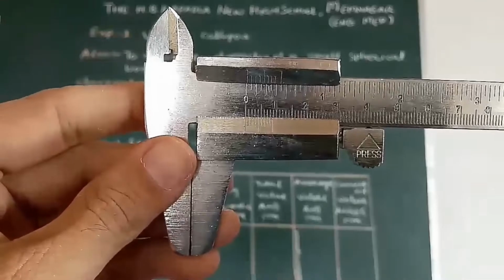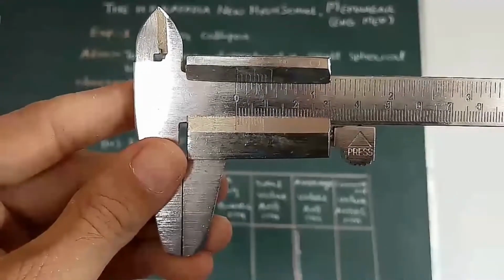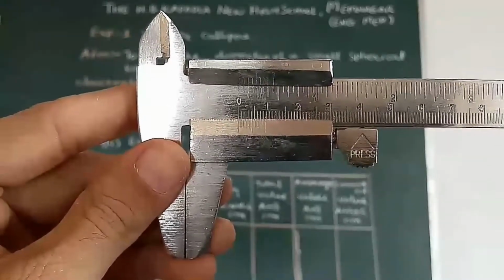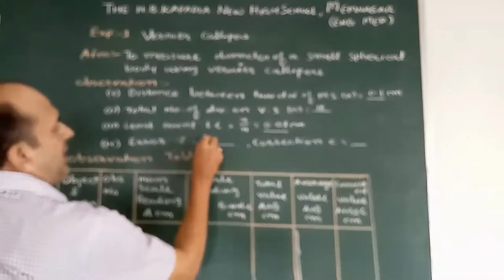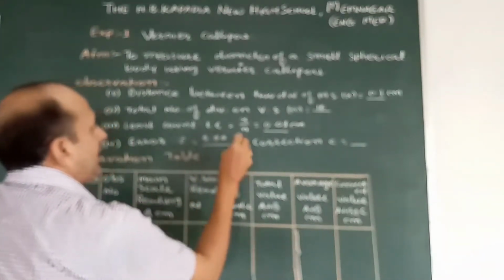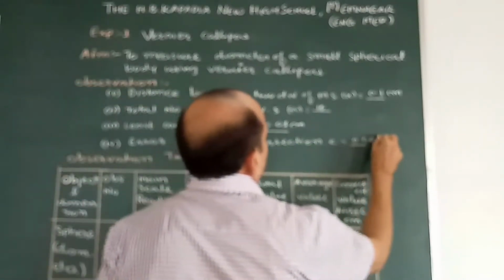So let me note down the error and correction. If error is equal to 0, correction is not needed, so correction C will also be equal to 0. Error E is 0.0 centimeter, so correction will also be 0.0 centimeter.